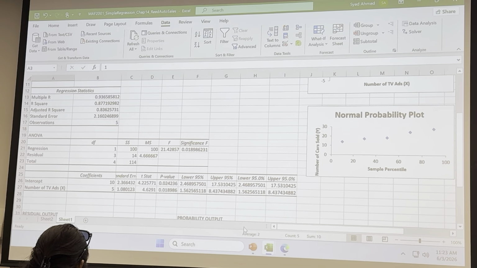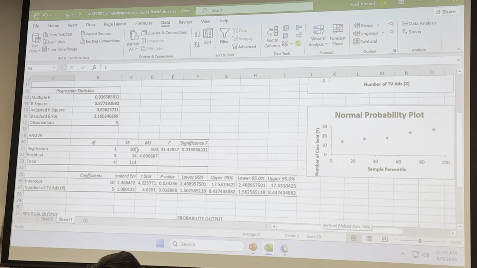Now, is this thing over here 100? Is this the variance?